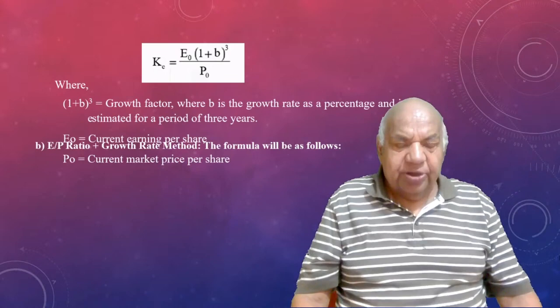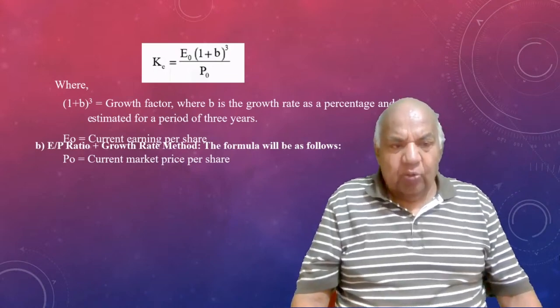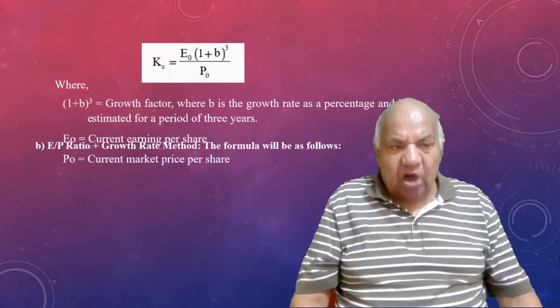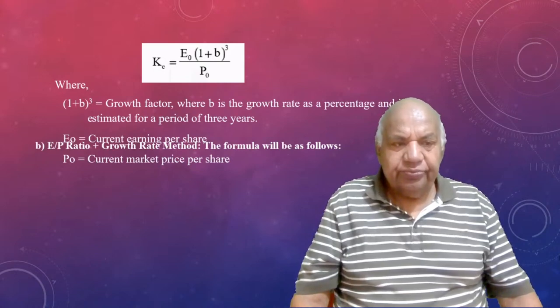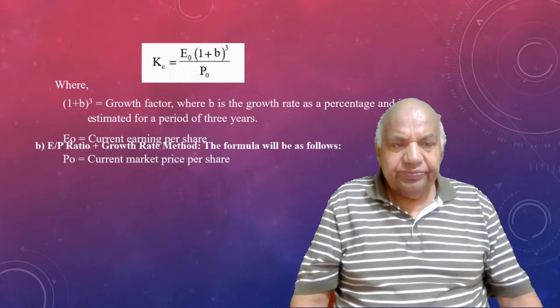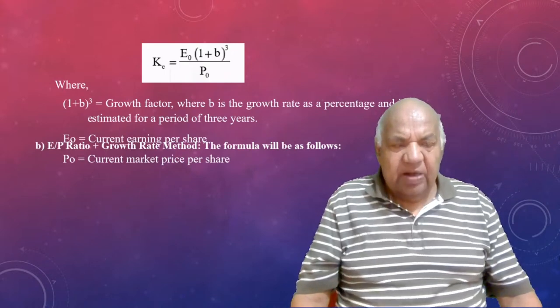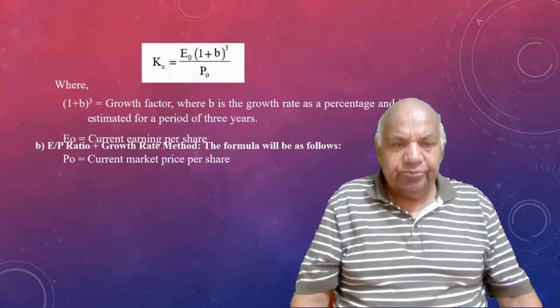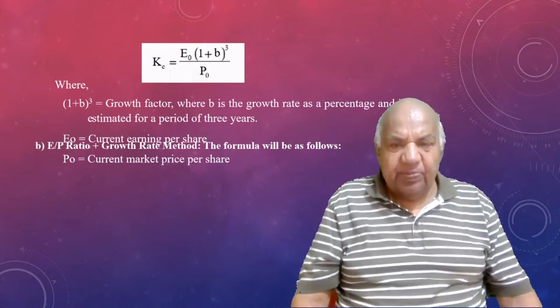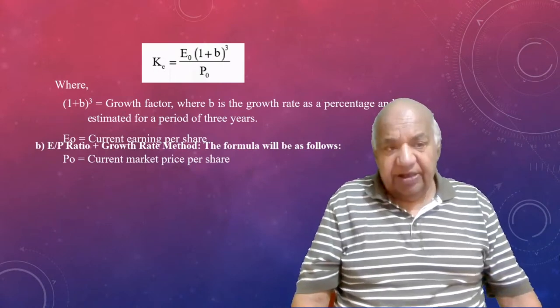EP plus growth rate method. The formula is as follows. Cost of equity, KE, equals E0, current earning per share, multiplied by 1 plus B raised to Q, growth factor, where B is the growth rate as a percentage and is estimated for a period of 3 years.